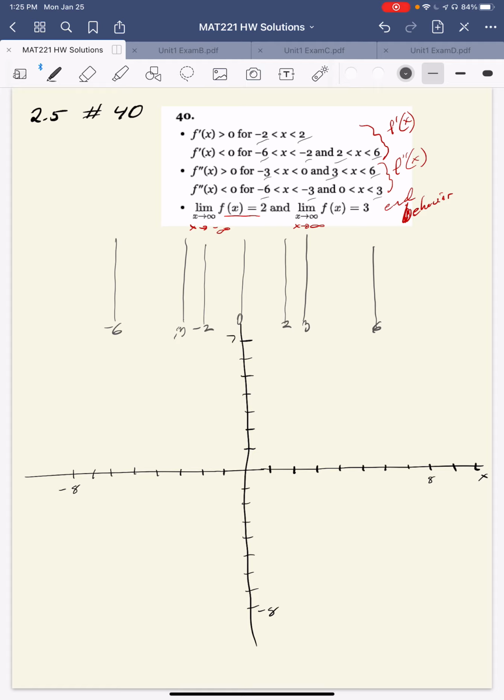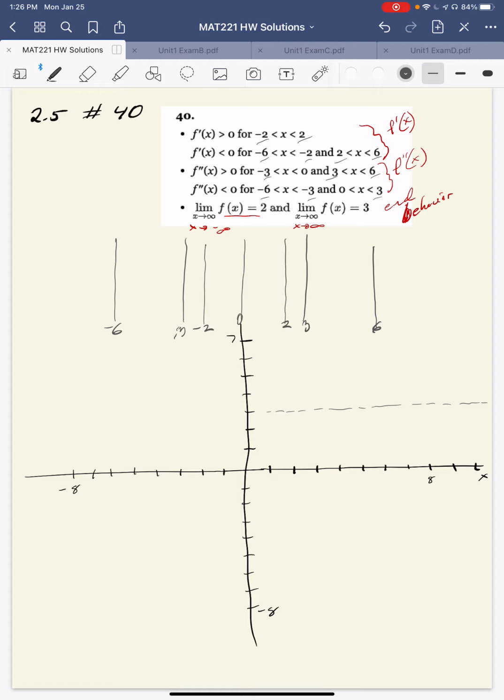So I'm putting this up here just so, like I said, I can make some notes to myself. Then if I look down at this third bullet, the end behavior, it says the limit out to the positive infinity side of x is 3. So that tells me I'm going to have a horizontal asymptote at f of x equals 3.